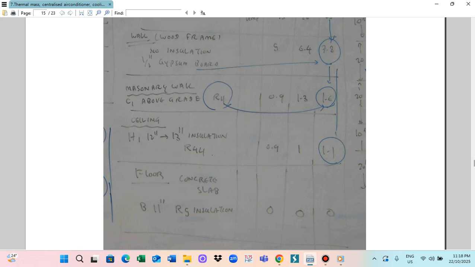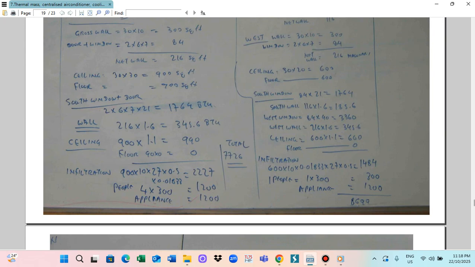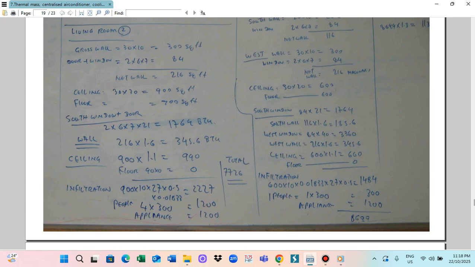Because of this, the south side is a masonry wall. Masonry wall is 1/6 given for the 25 difference. So the wall area multiplied by 1/6. Wall area is 216, multiply 1/6, and you get the heat transfer from the wall.